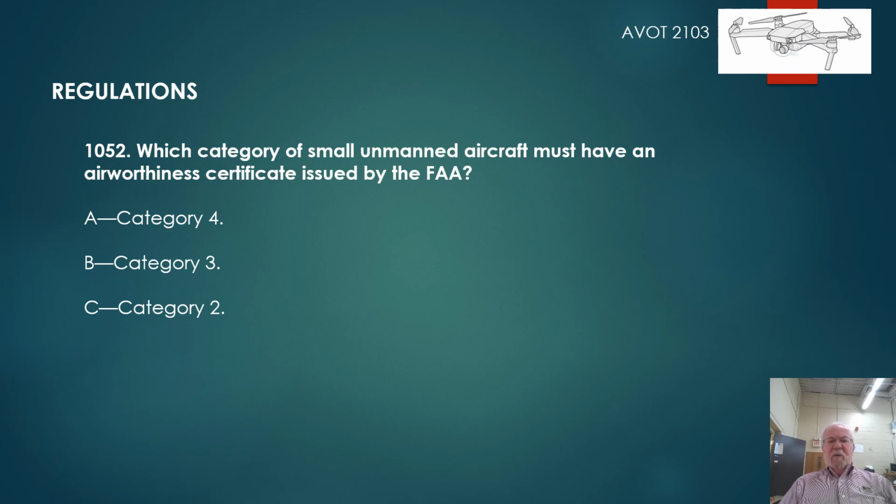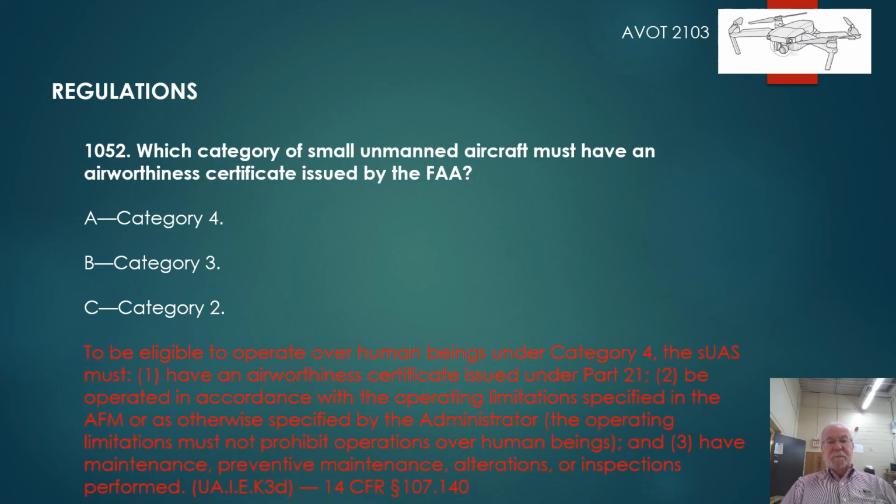Which category of small unmanned aircraft must have an airworthiness certificate issued by the FAA? Category 4. This is the large, giant ones, and they're just like manned aircraft. Once they develop this whole system, they'll have airworthiness certificates that the manufacturer must prove that this is airworthy, just like an airliner, or like any aircraft for that matter, and of course it'll have to have registration markings and minimum equipment list, etc., etc. So it'd be number 1, right?